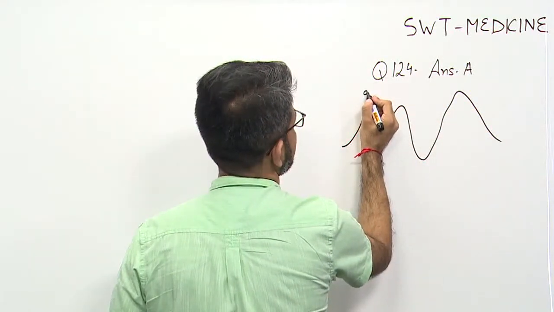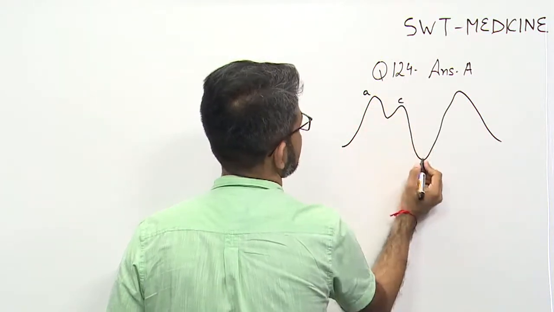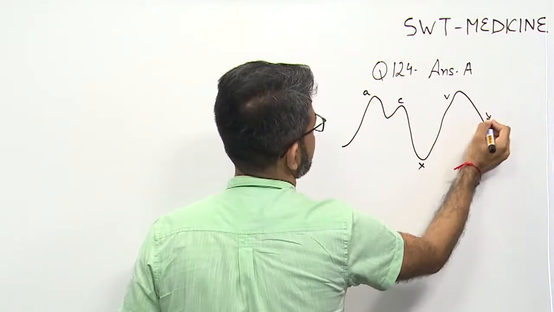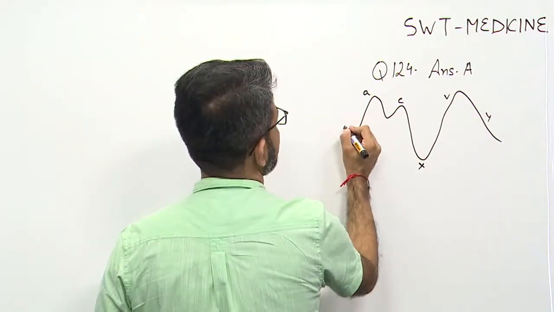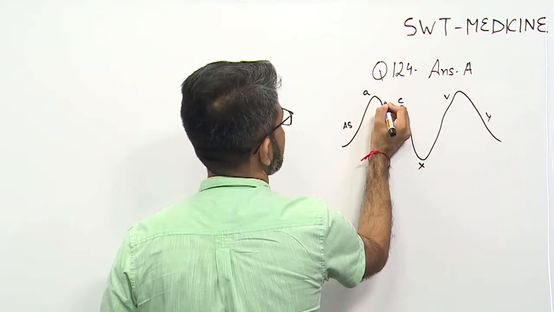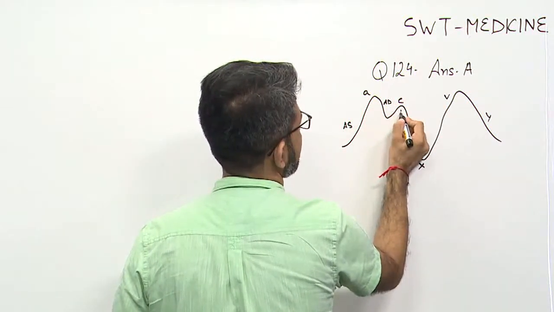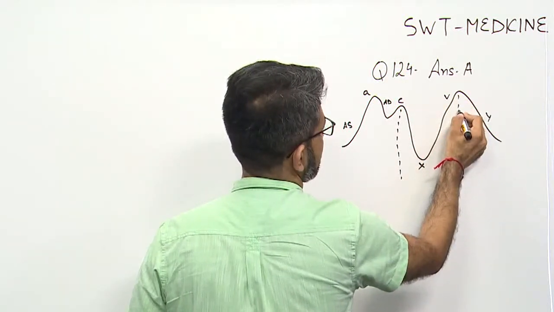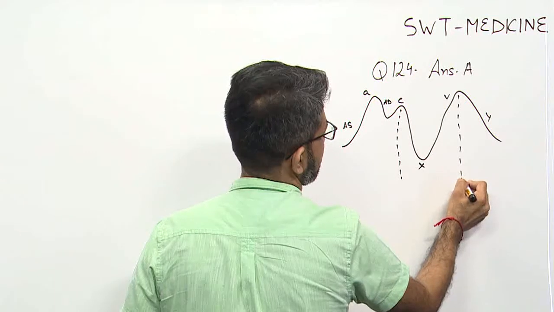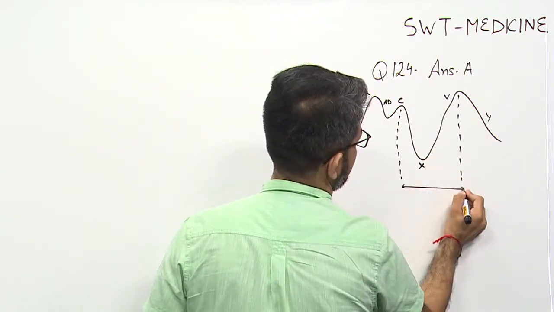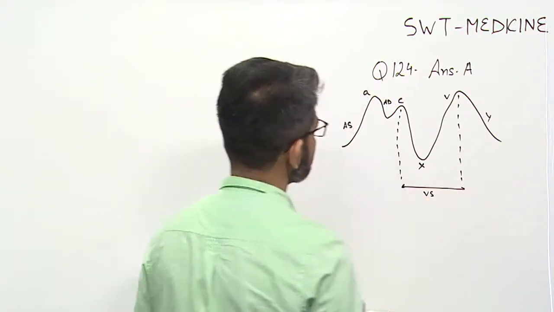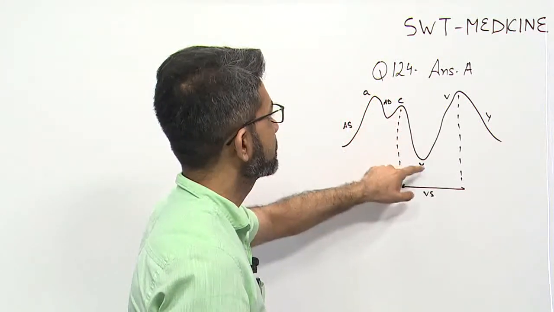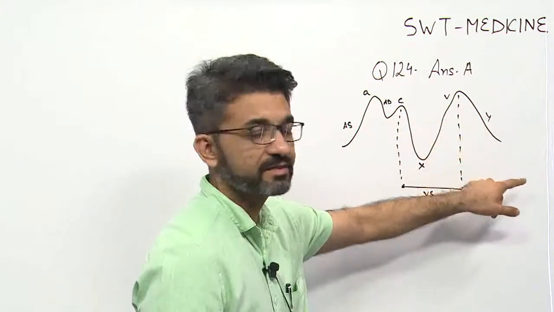See, this is A wave, C wave, X descent, V wave, Y descent.